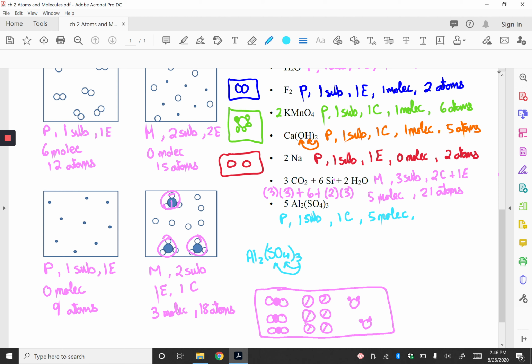But each one of them has 2 aluminums, 3 sulfurs, and then how many oxygens? 3 times 4 is 12 oxygens. Altogether, 17 atoms in just one of these things, but there are 5 of them. So 5 times 17, oh my goodness, what's that? 85. That is a lot of atoms.